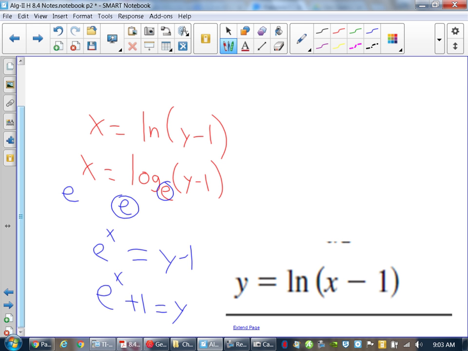Remember, the idea that you're working with inverses is that you have these two other properties: b to the log base b of x is x, and log base b of b to the x is x. If these two are the same, that's how they undo one another.